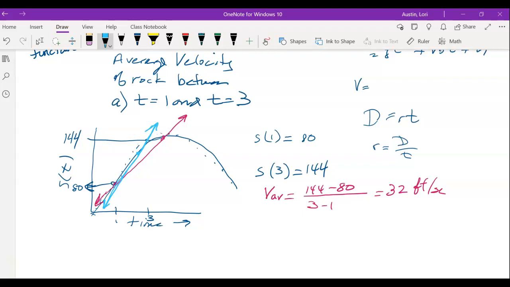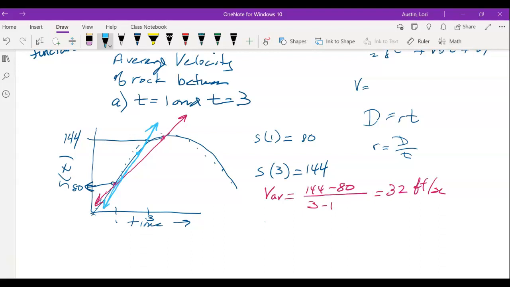So we were going 32 feet per second on average, the rocket was going 32. Initially, as you get closer to 1, that's the very beginning, the least amount of gravitational force. Isn't it going faster in the beginning than as it moves up? So let's find that velocity.